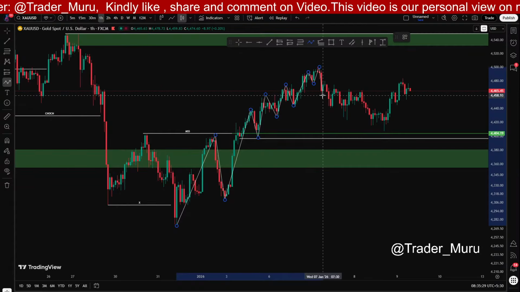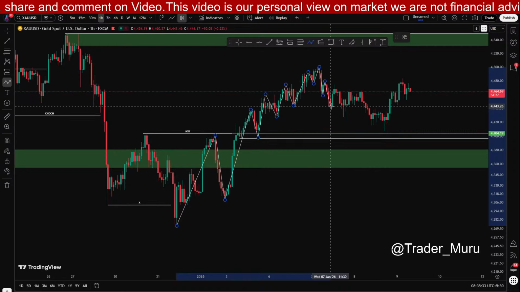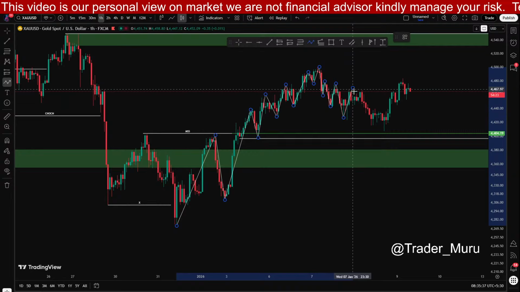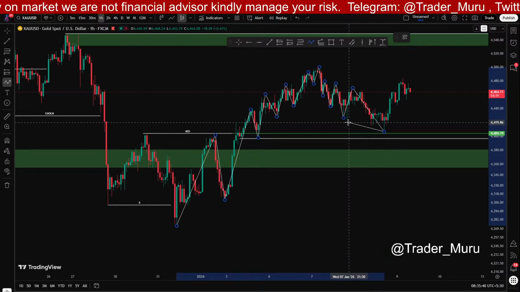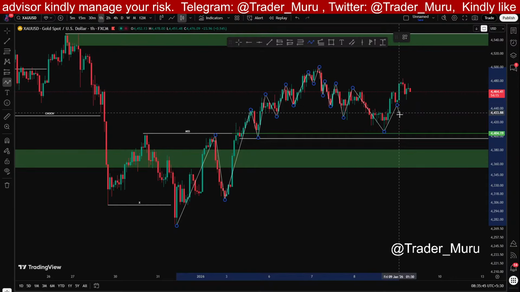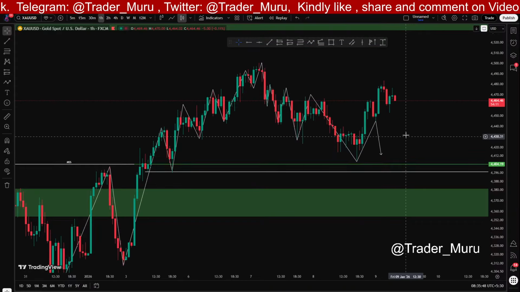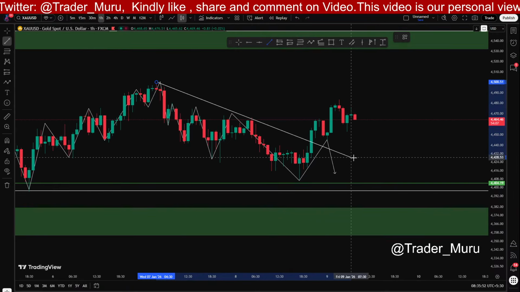And this is our change of character. After that, price was creating lower highs and lower lows. And this was our last lower low. We were expecting price to test here and again drop, but instead of dropping, price just developed a breakout of this trend line.